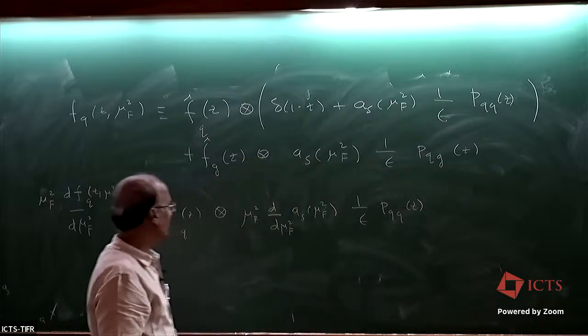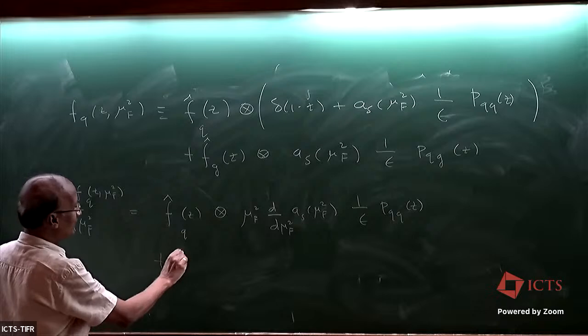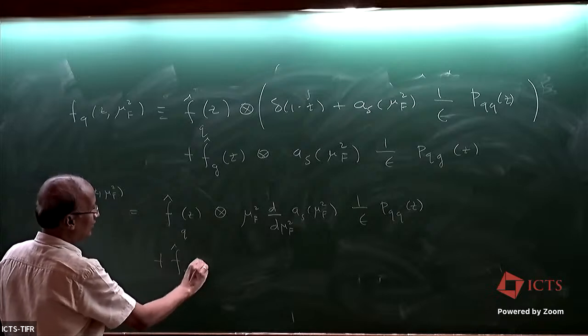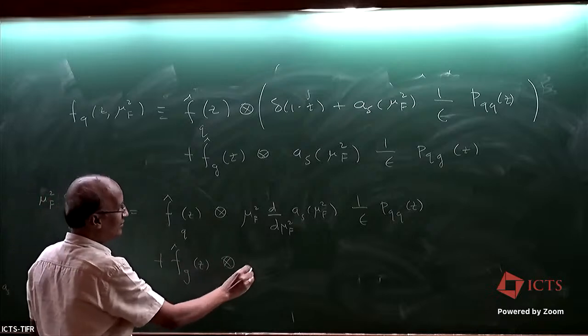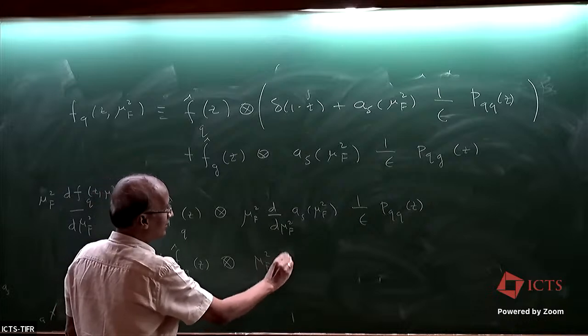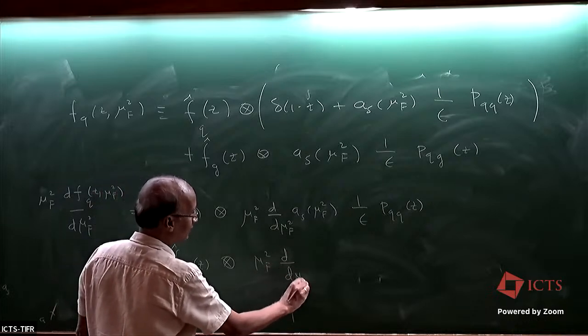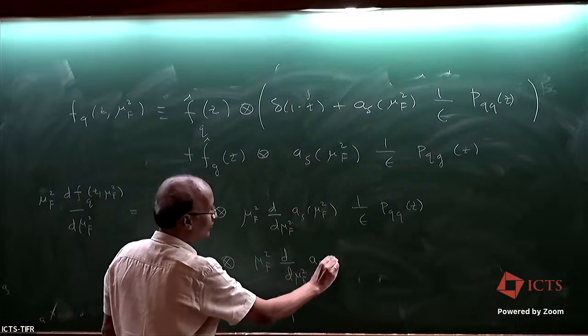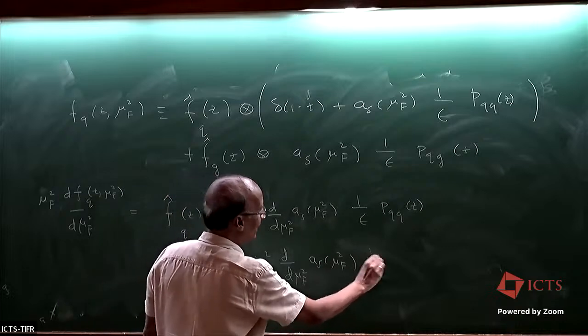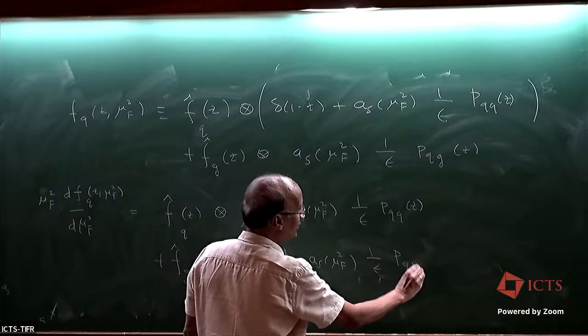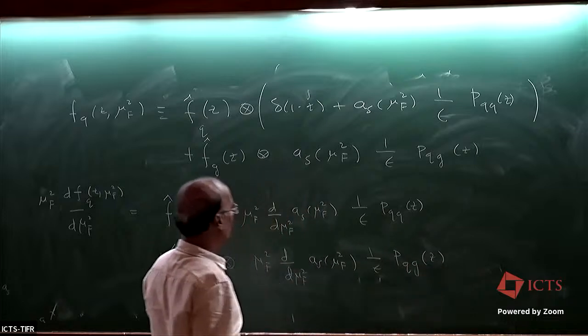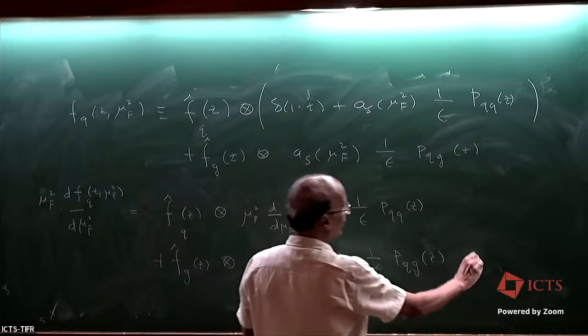This is correct? What is the second term? Second term is Fg hat of z convolution mu f square d by d mu f square as of mu f square, 1 by epsilon PQG of z. I am dropping all the higher order terms.